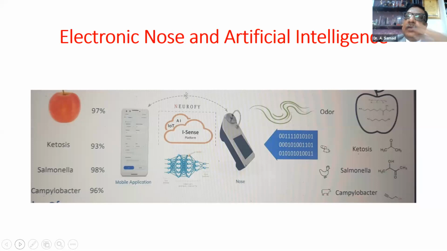It's like a miniaturized GLC: it finds out what the compound is and which metabolism it is related to, and then you have that data with you. So here, as I have said, electronics is getting married to medical science, coming up with diverse devices. Next, please.